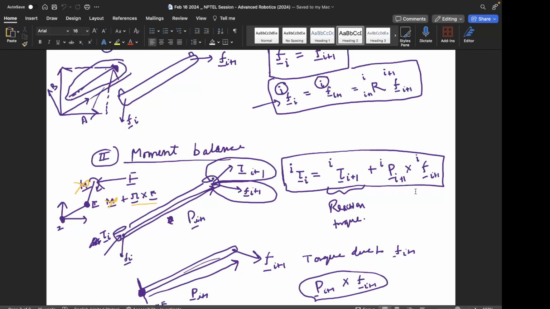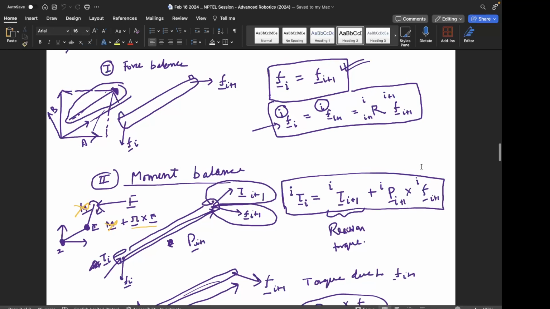Whatever is the source of the force, it should be cancelled out by an equivalent and opposite reaction of that force or moment. That's the only thing you have to keep in mind, and just stick to this concept. That will help you avoid getting confused in different scenarios, and you can always derive or write these relations on your own whenever you are solving these questions.